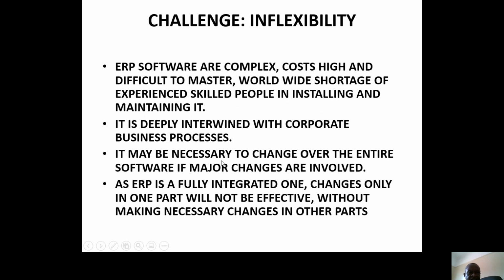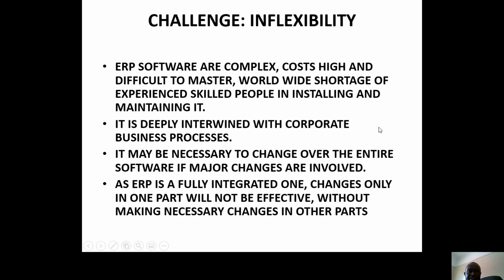Inflexibility. The software is quite complex, costs are quite high, and it's difficult to master. If you are using SAP, are you in a position to run it without any problems? Are you not relying on outsiders to assist you? At times you might find it necessary to change the whole thing and drop it. Why? Because it's not flexible.